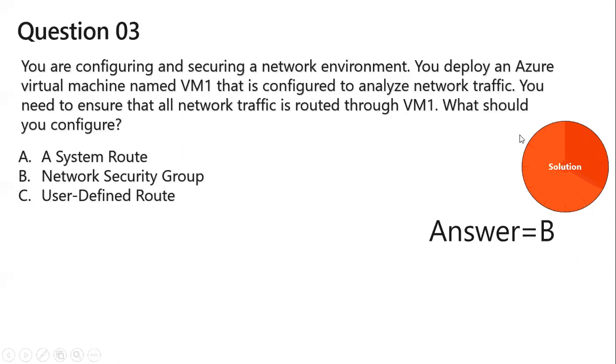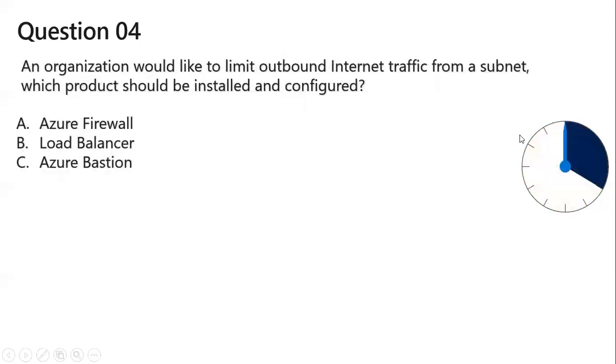That's okay. Now, moving ahead with the next question: An organization would like to limit outbound internet traffic from a subnet. Which product should be installed and configured? Azure Firewall, Load Balancer, or Azure Bastion.